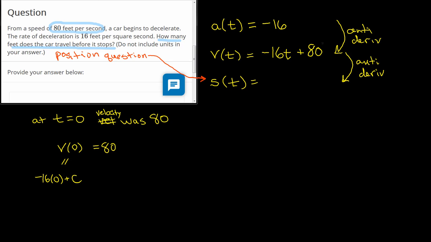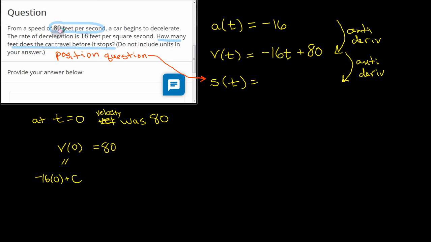Oh yeah, and here's a pro tip. Whenever you do these antiderivatives and you get the plus c, the plus c is always your initial condition. It's always what is happening when t is equal to 0.